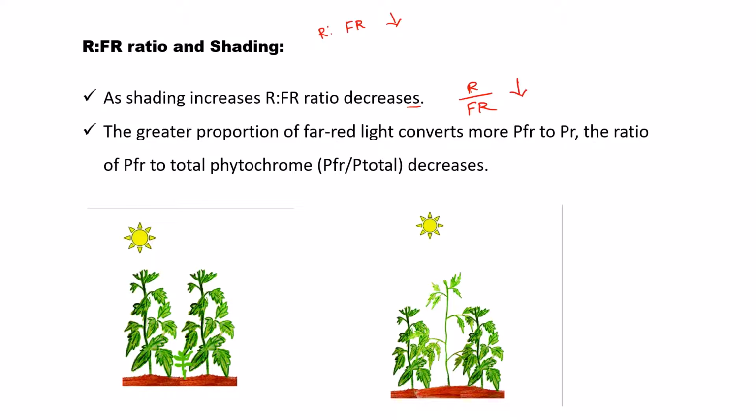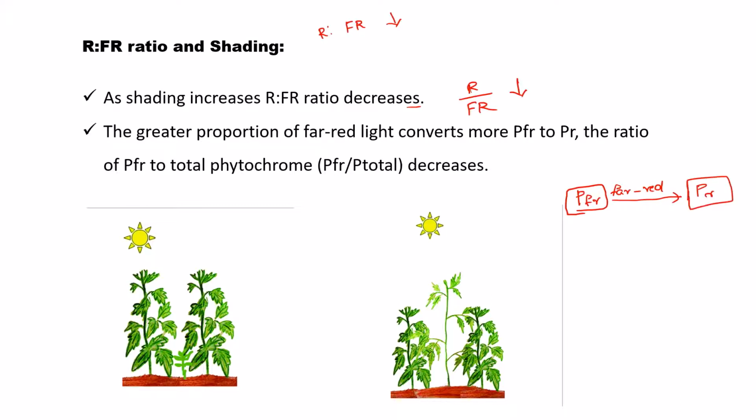The greater the proportion of far-red light, the more PFR is converted to PR. The ratio of PFR to total phytochrome decreases. We know that in shade, far-red light is more. That's why the PFR form will absorb far-red light and convert to PR form.